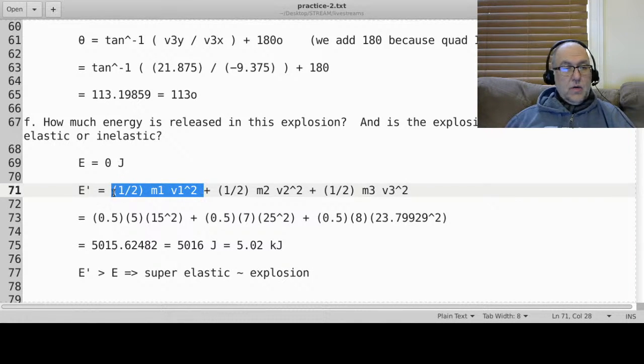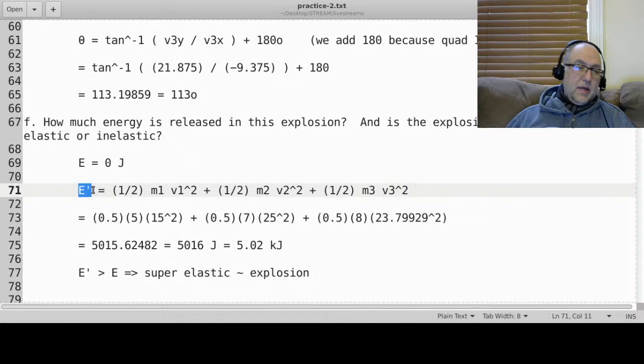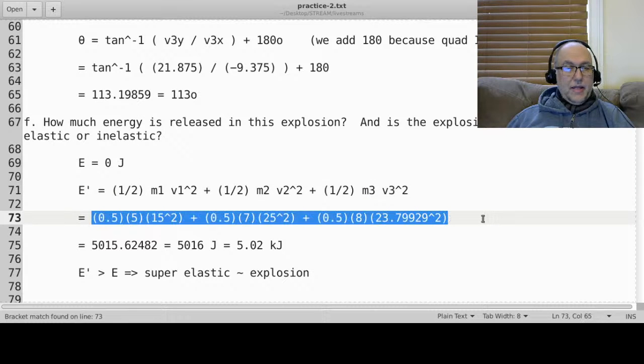So the first one is 1/2 m1 v1 squared, then 1/2 m2 v2 squared, and 1/2 m3 v3 squared. That allows you to calculate the total energy after. Substituting in the numbers, we get this.